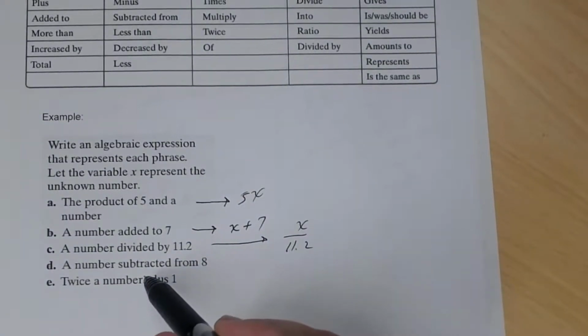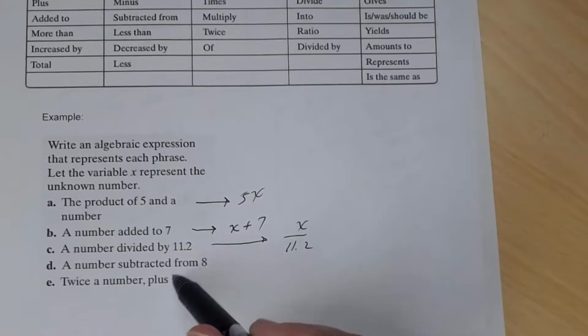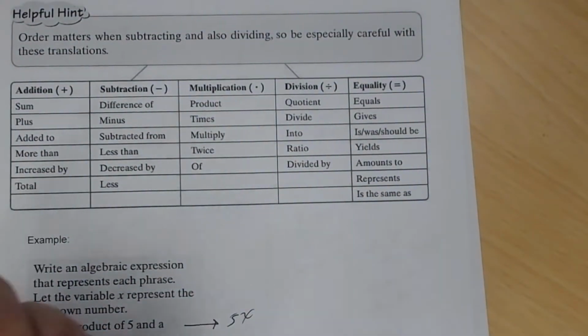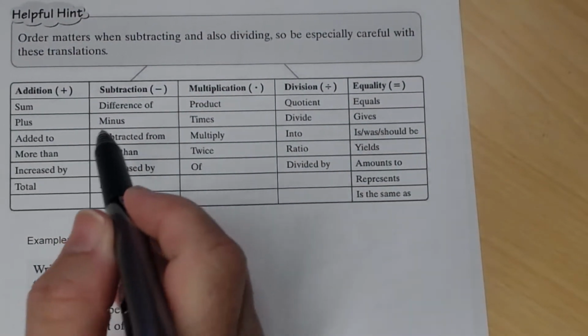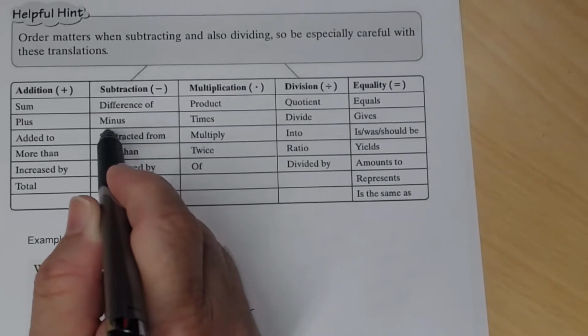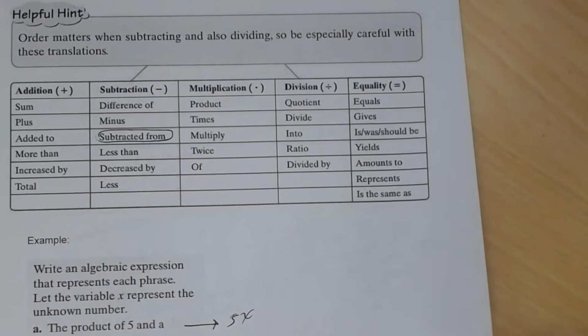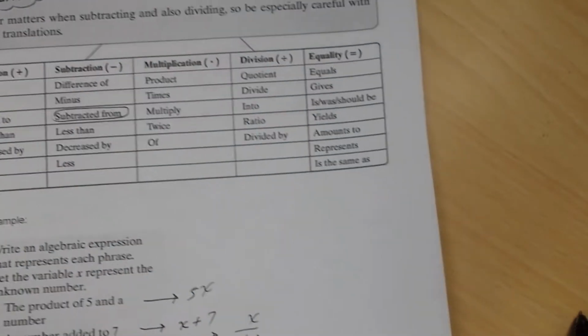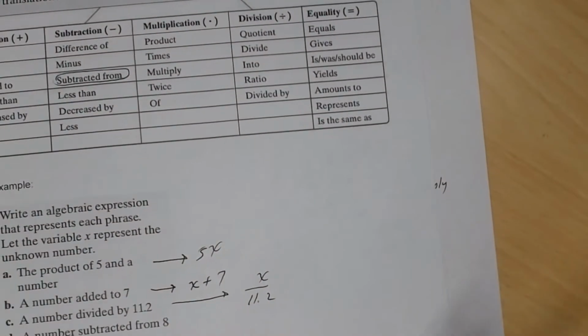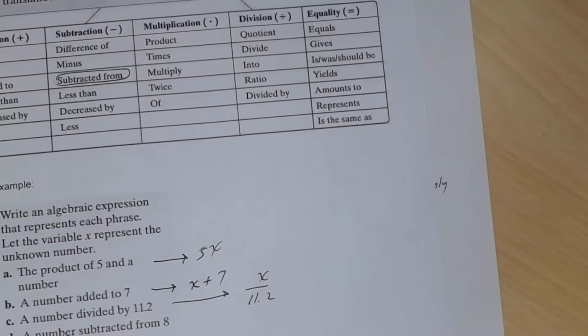Okay, now you got to be careful with the words subtract from. So you got to be careful with subtraction. So let's talk about that for a moment. In a previous course, you dealt with just numbers for the most part.